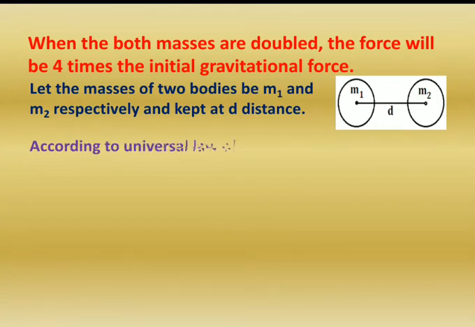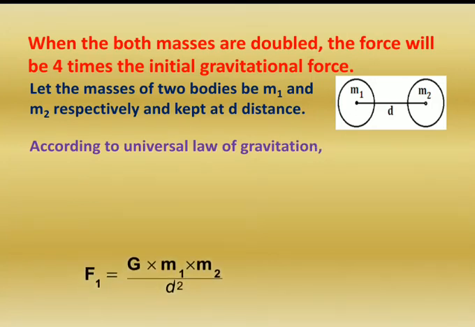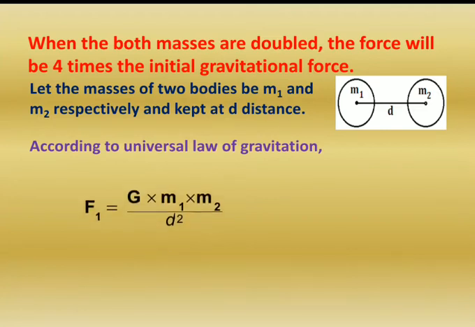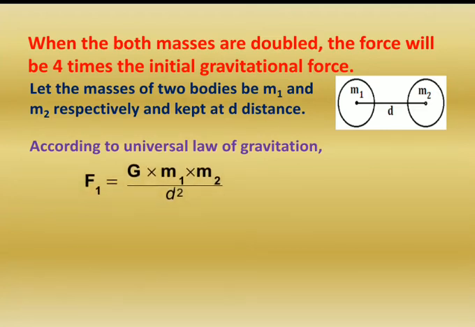According to the universal law of gravitation, F1 equals capital G into m1 into m2 upon d square.